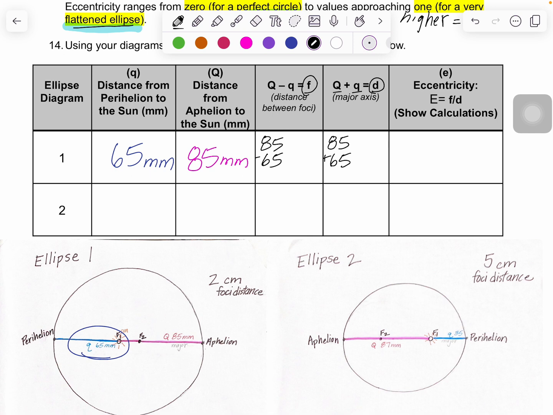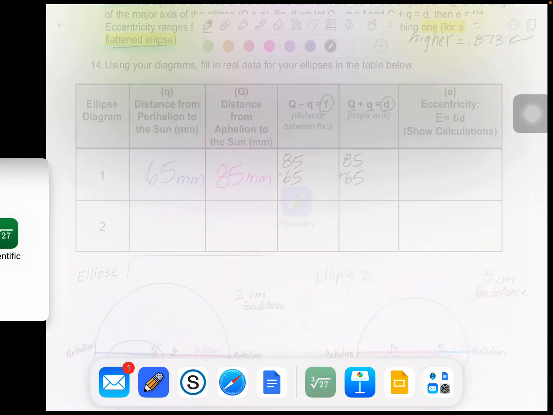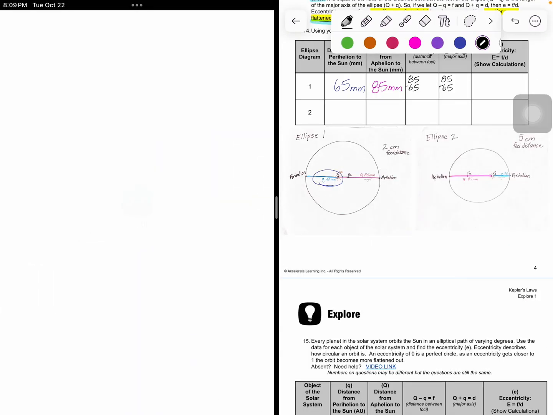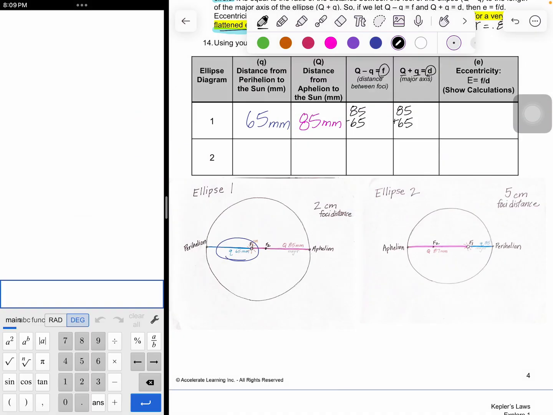Go ahead and pause and finish those calculations. And if you haven't pulled a calculator up yet, feel free to go ahead and do that, whether you have one on your desk or on side by side like me. I'm just plugging in my data, 85, right? So there's my first number.